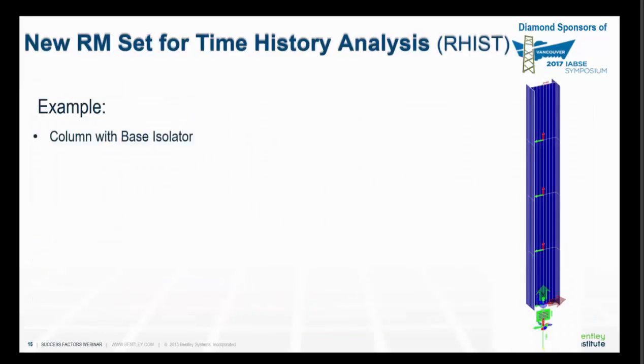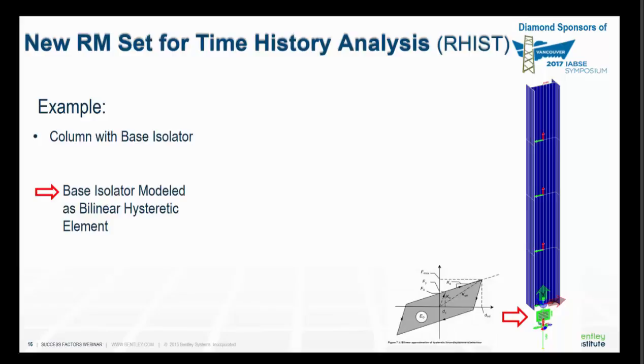Let me give you an example here: a column with a base isolator that you can see on the right-hand side. This output picture is from RM Bridge view. We model the base isolator with a bilinear hysteretic element that you can see at the bottom of the column.